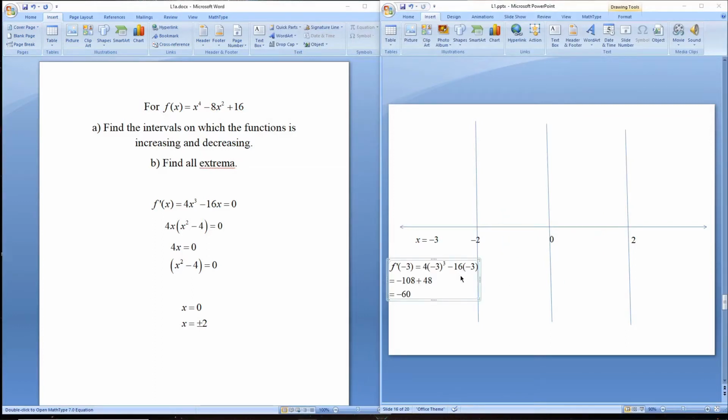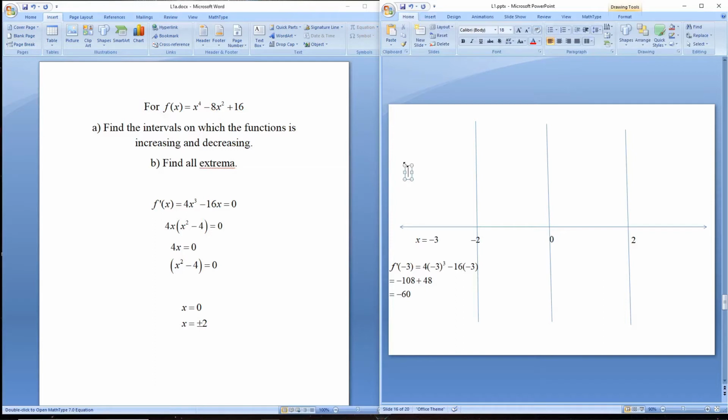So I do want to say again that we really don't care about the magnitude of the number. We don't care that it's 60. What we really care about is that it's negative, because the negative tells us the function is sloping down in this region. And if the derivative is negative, that means the function must be decreasing in this area.